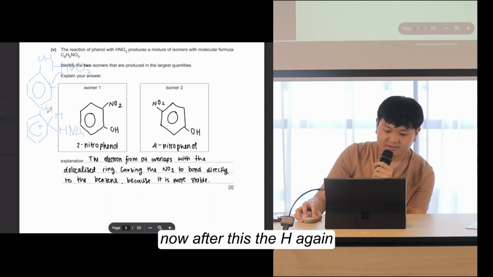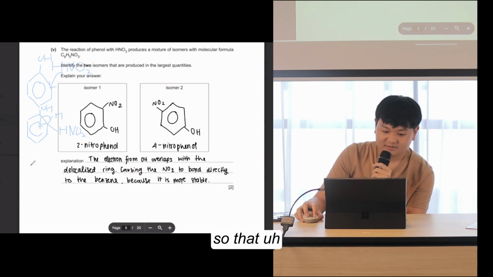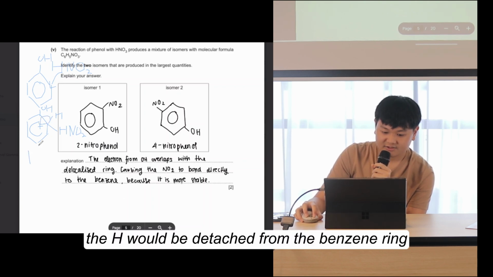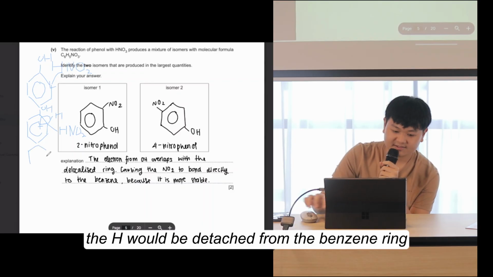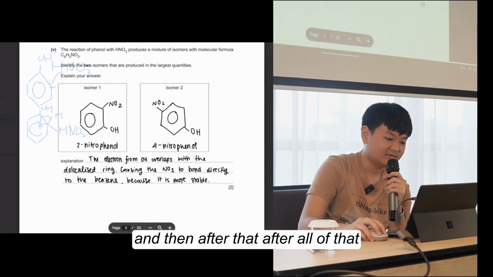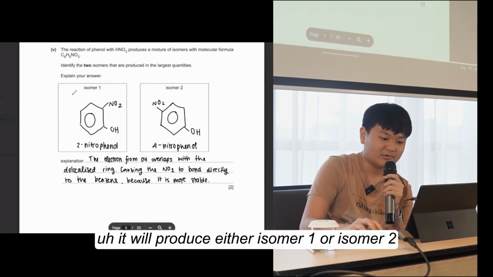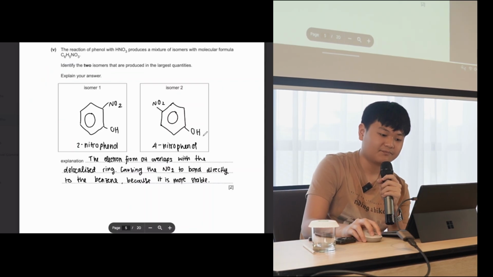Now after this, the H again will give the electron back into the benzene ring, so that the H would be detached from the benzene ring. And then after all of that, it will produce either isomer 1 or isomer 2.